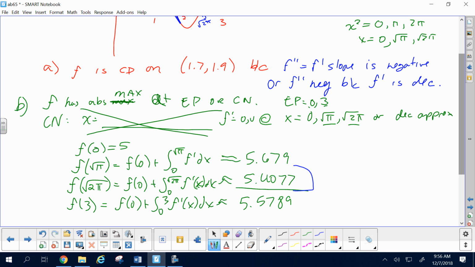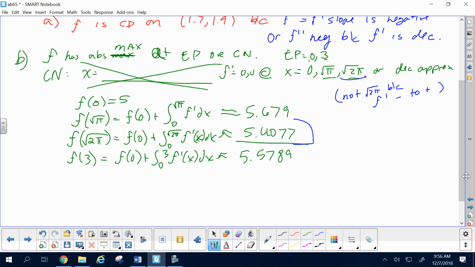If you didn't find it, then you would say, but not 2 pi because f prime goes negative to positive. Now at the end of the day, it's almost as much work to justify why you're not doing it as actually doing it. So I just do them all. It's up to you though. If you leave a candidate out from your analysis, you must say why you did so.